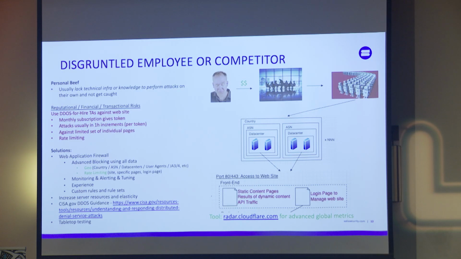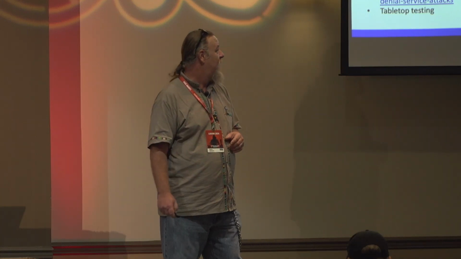There's a lot of things out there. CISA.gov has guidance for DDoS attacks. Highly recommend you read that because it's too late once you're under attack to know how much it's going to cost. Go speak to your board, and the powers that be that sign the money away and say, hey, you want to know what your protections are in advance for a lot of these attacks. There's an interesting tool called radar.cloudflare.com.